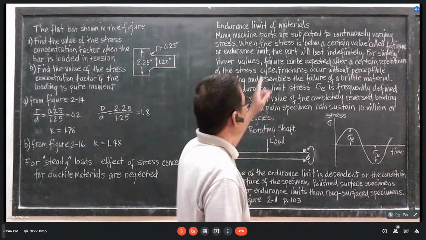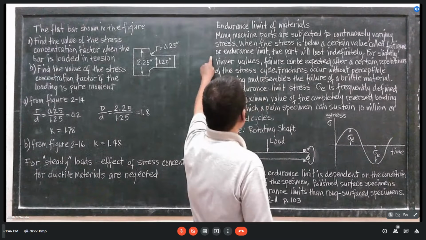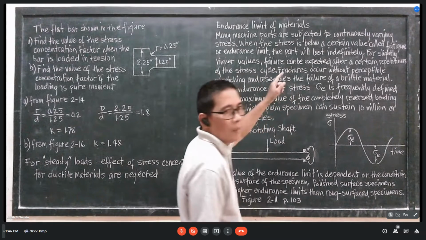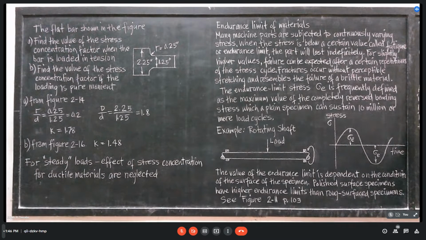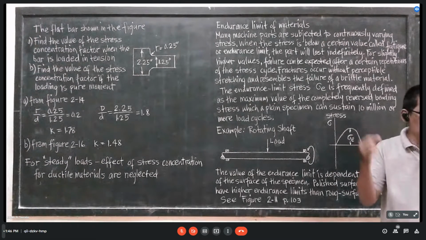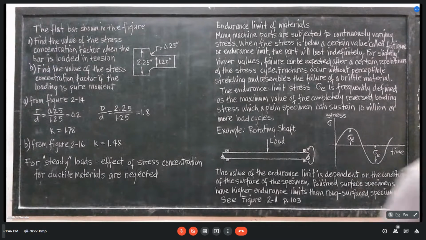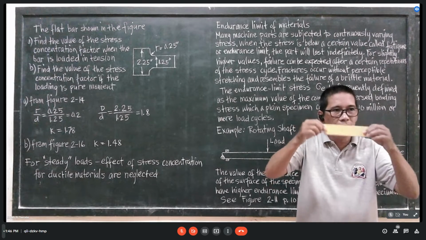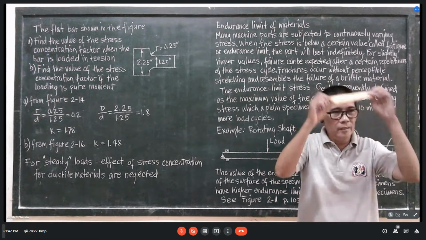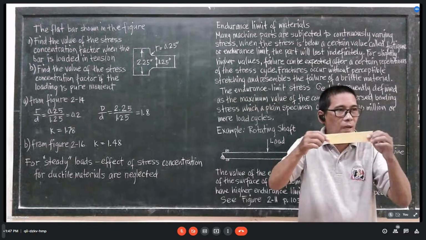When the stress is below a certain value called the fatigue or endurance limit, the part will last. Okay, the part will last indefinitely. So there is a stress value a little bit smaller than the yield point, that if you continue applying the varying stress, and the stress is small enough, then your material will not fail.